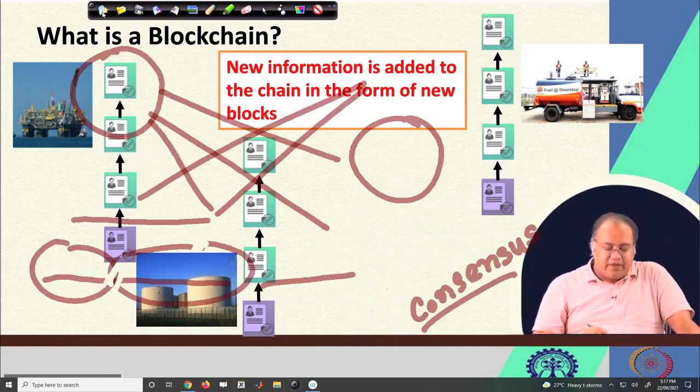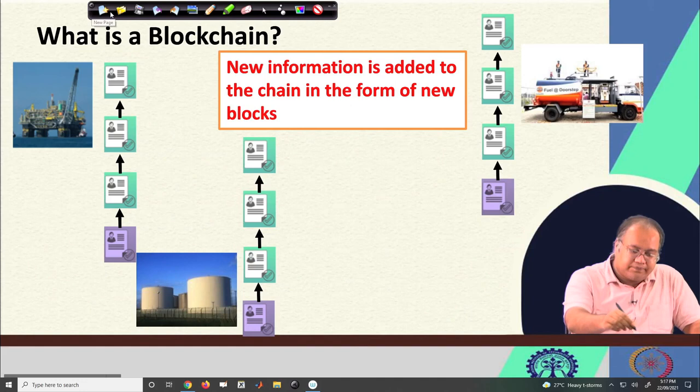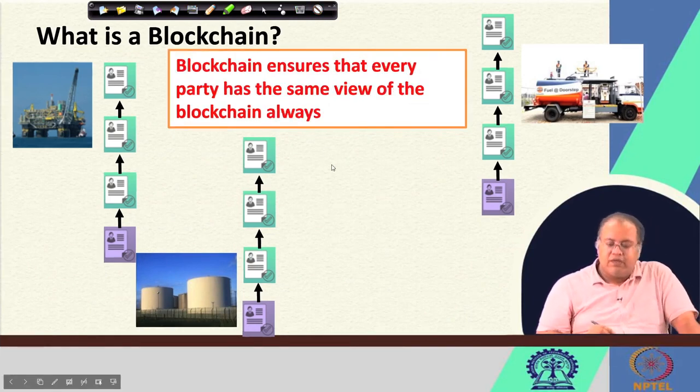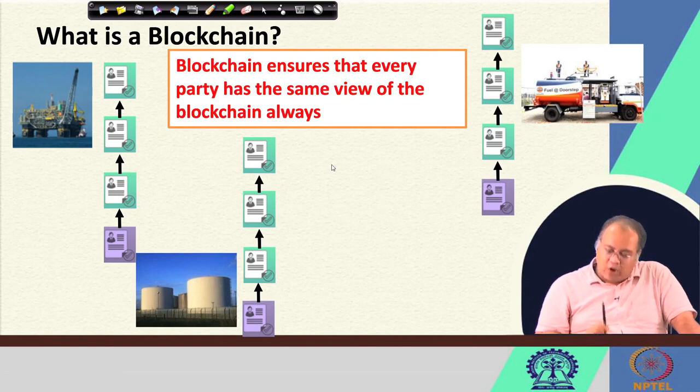Now, the protocol or the kind of backend architecture that we are going to design, we will discuss in later classes. It will ensure that every party has the same view of the blockchain all the time, so everyone can get a common view of the blockchain.